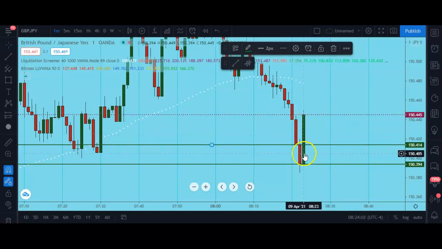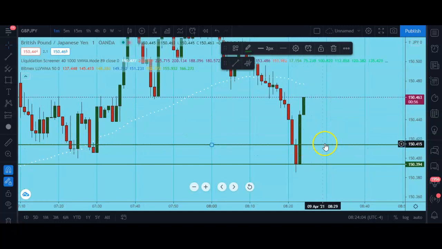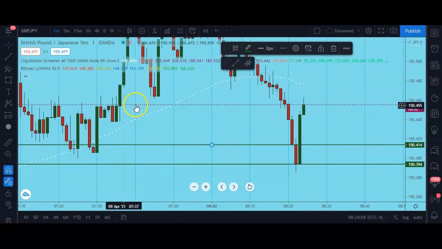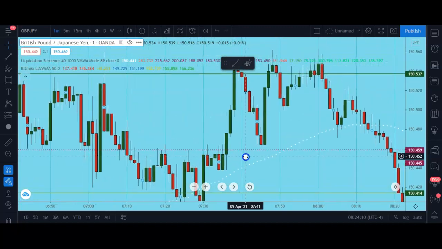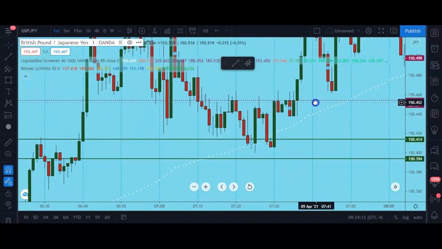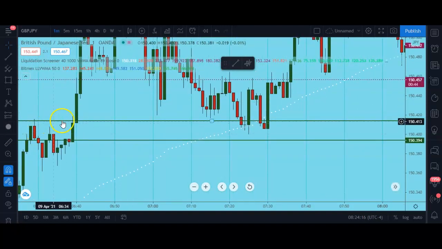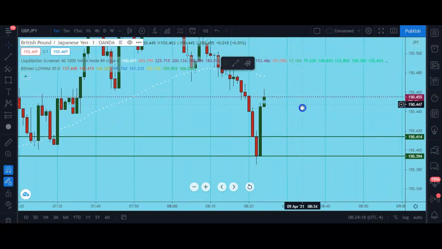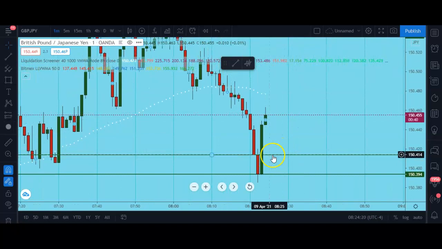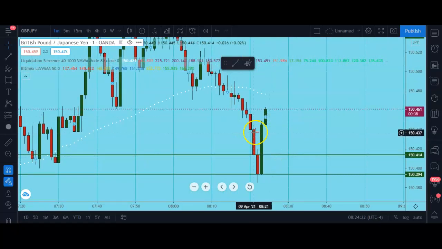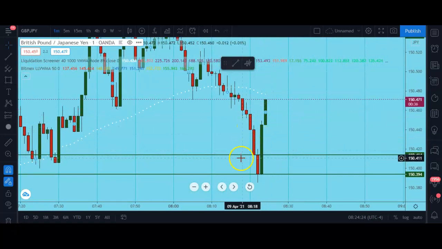Okay, so price closed above this line and we need to come above this one. Well, we did. We broke this high. So we're going to remain above this line. We also closed above this one.